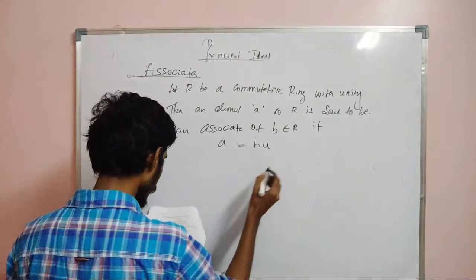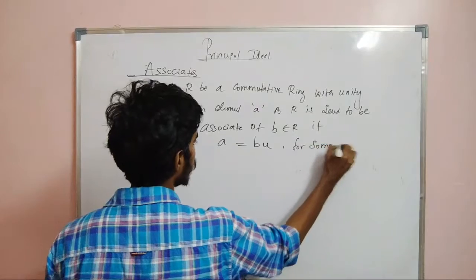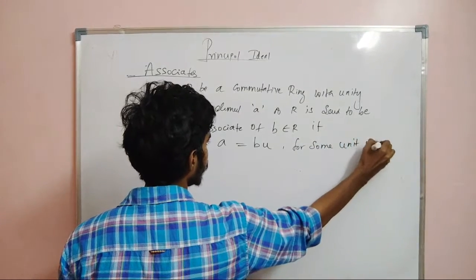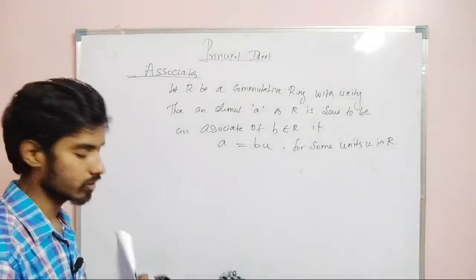So a is equal to ub for some unit u in R. Right, so for some unit, that is u cannot be equal to 0.